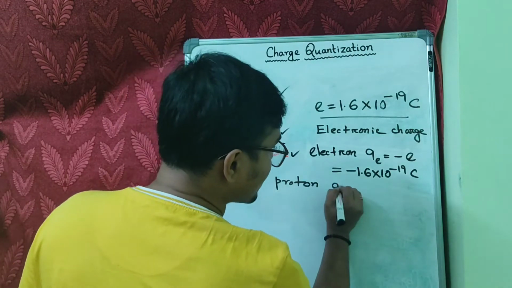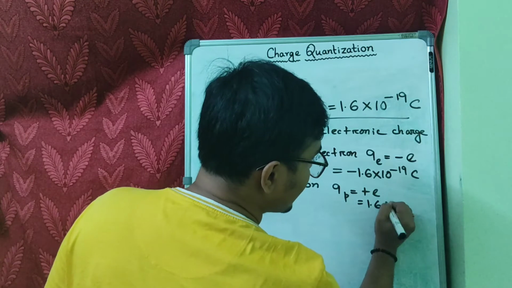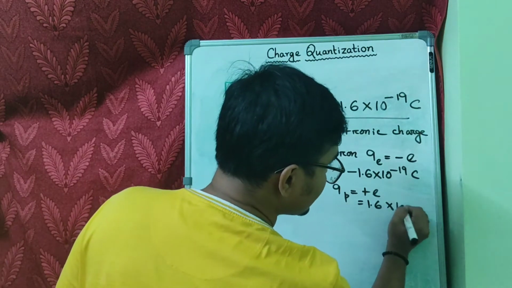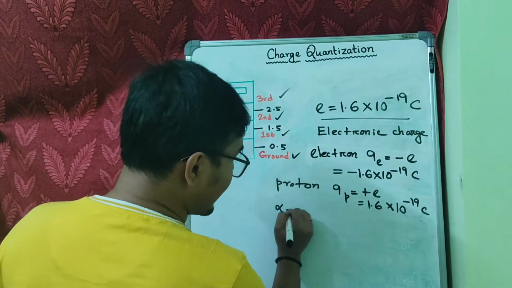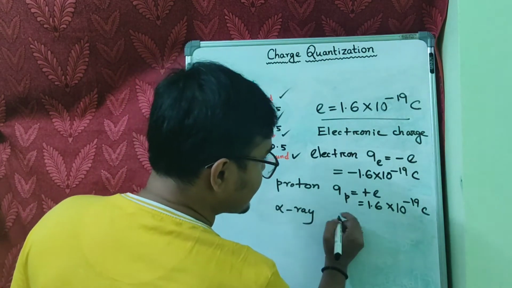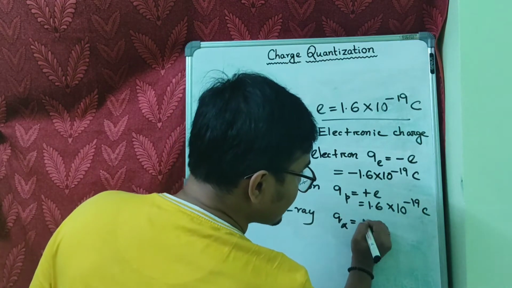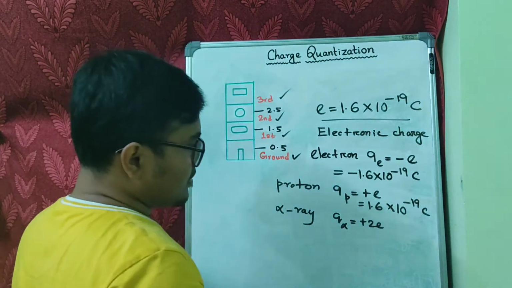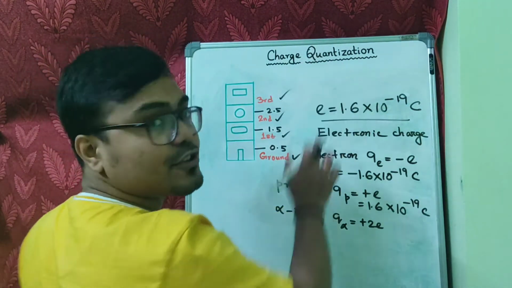The charge of a proton is plus e, that is equal to plus 1.6 into 10 to the power minus 19 coulomb. Similarly, for an alpha ray, the charge is plus 2e.